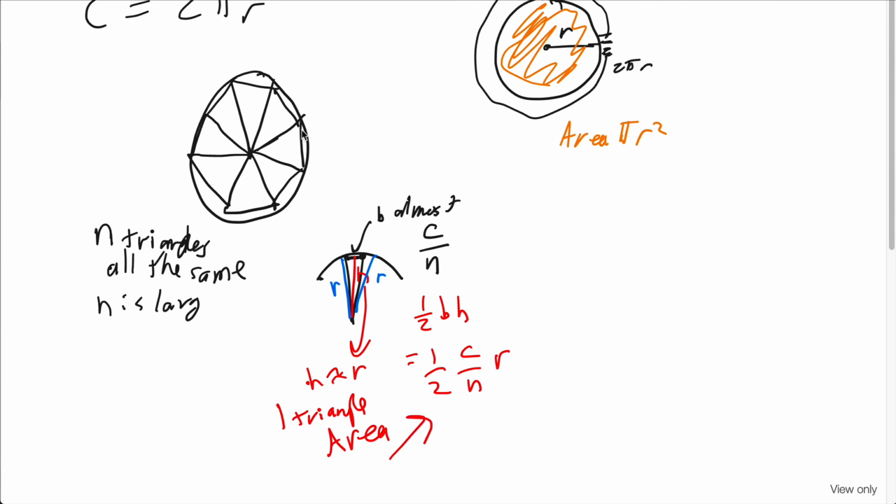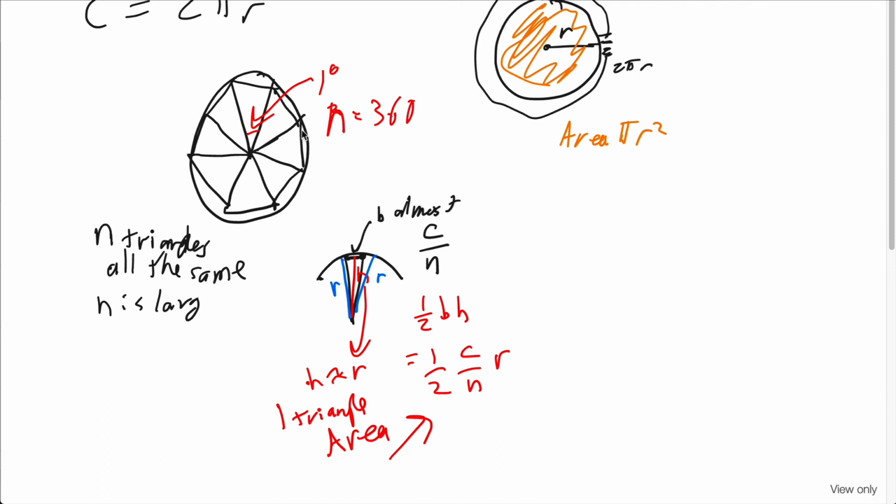All right. So lots and lots of these little triangles. For example, if we wanted to do 1 degree here, that would be n equal to 360. You'd have 360 little triangles going all around the circle, and each of the bases would be 1/360th of the circumference. Now, what is the total area of all these triangles?